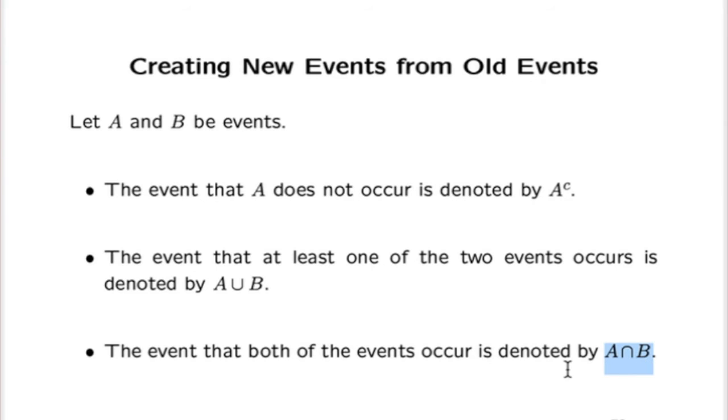And that makes sense from a set theory standpoint, because if we think about the events A and B as sets, then their intersection consists of those elementary events that are common to both events A and B. And so if an elementary event is common to both, then if that elementary event occurs, then both A and B have occurred. And so this is a very natural way to represent the event that both of the events occur.